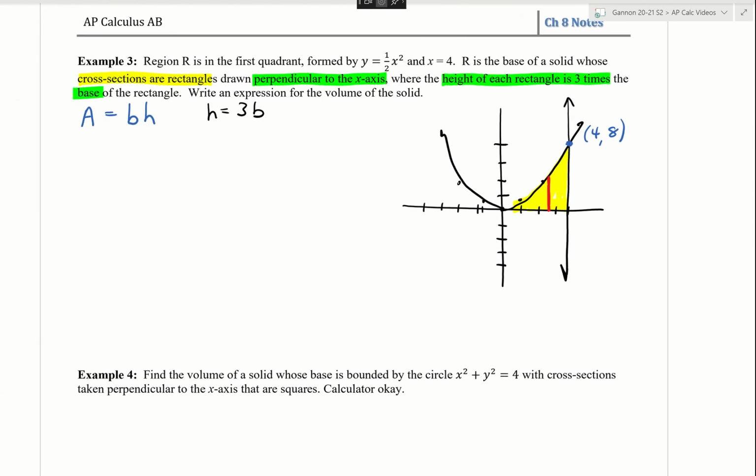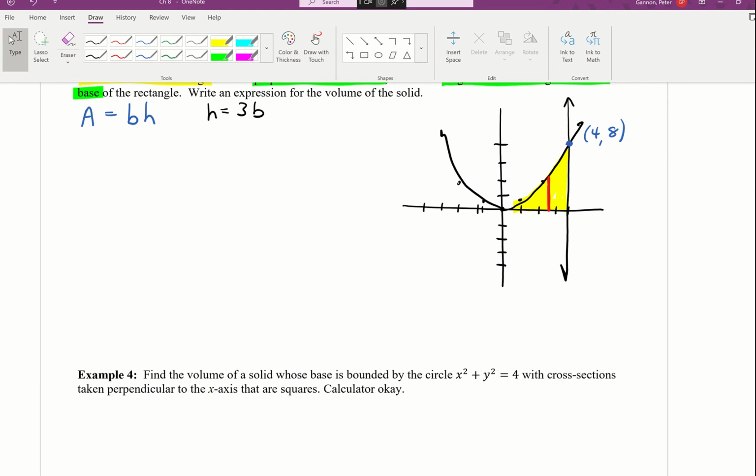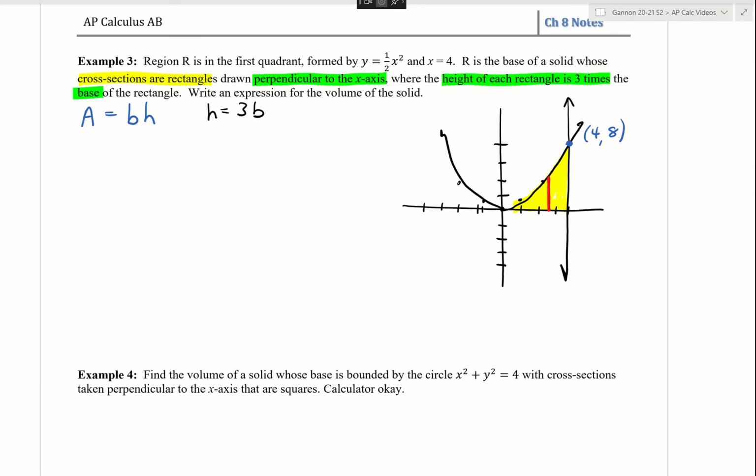So if we look at this now, we're going to go ahead and set up the integral. So the volume is going to be the integral from 0 to 4. The base is going to be the top curve, which is 1/2 x squared, minus the bottom, which is the x-axis, so 0.